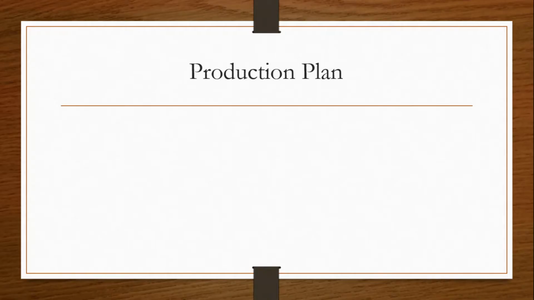Now let's discuss the second element. In the production plan, we first need to determine what are the steps to do in order to produce a product.